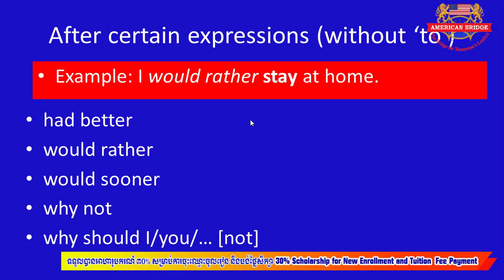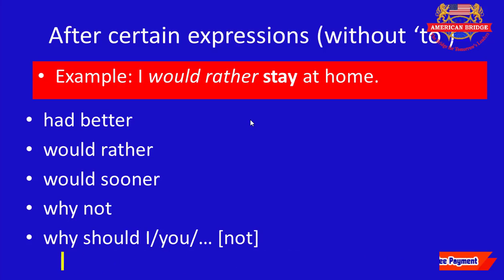Okay, so the next one, after expressions without to. So you are going to say, I would rather stay at home, not I would rather to stay home. So would rather is just an expression that shows a degree of preference. So when you say had better, this is a strong suggestion.